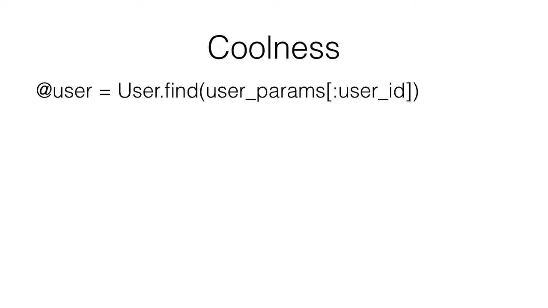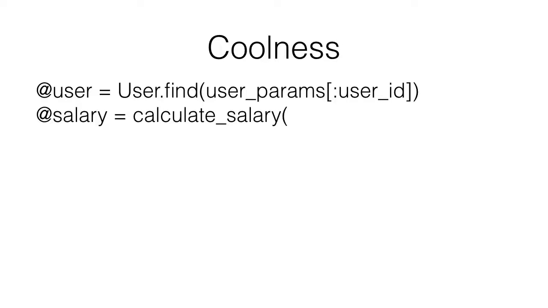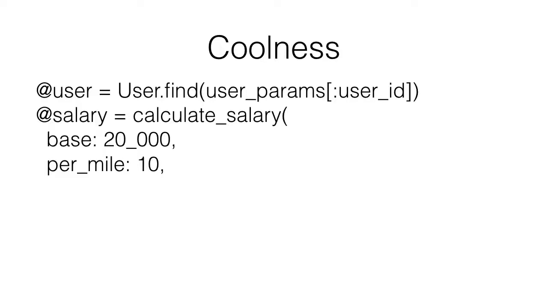Okay. Let's say I have a controller method in a Ruby web framework, and I've grabbed myself a user, and now I want to calculate their salary. And the salary calculation takes a base and a per mile value, just whatever. Now let's say for some users, these values are different.